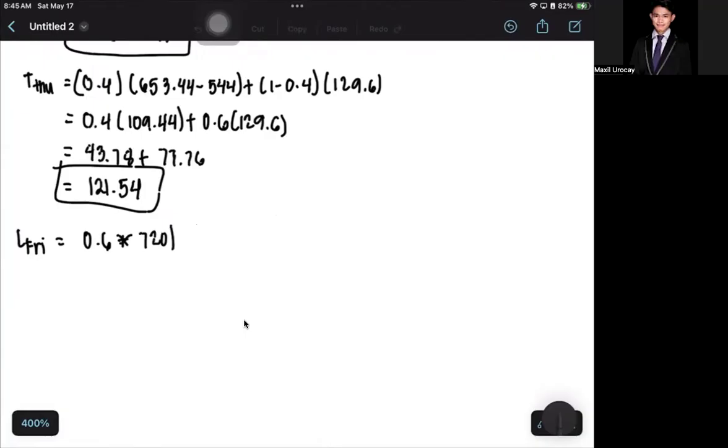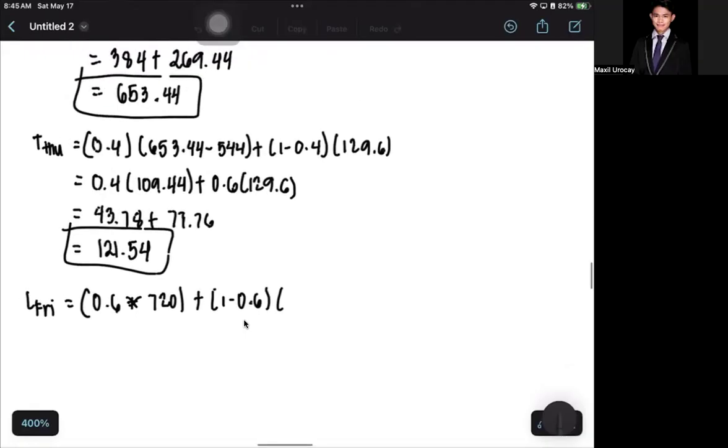That's how you will do it. Then plus the smoothing parameter, and then times the previous level, that is 653.44, plus the previous trend, 121.54.